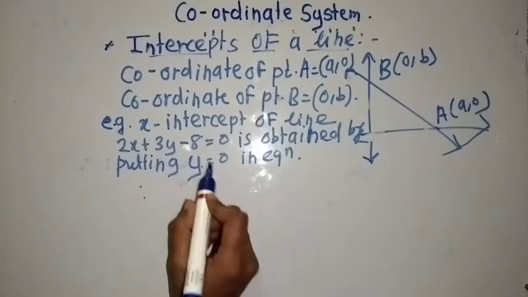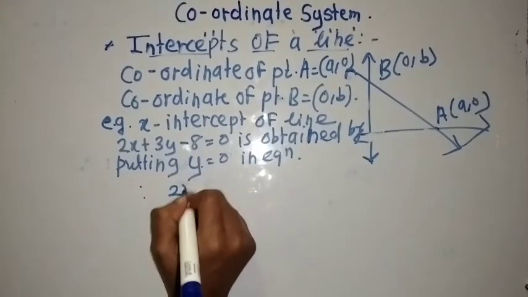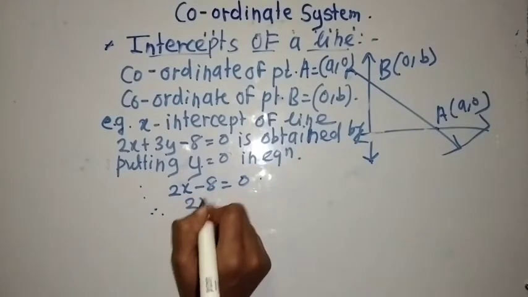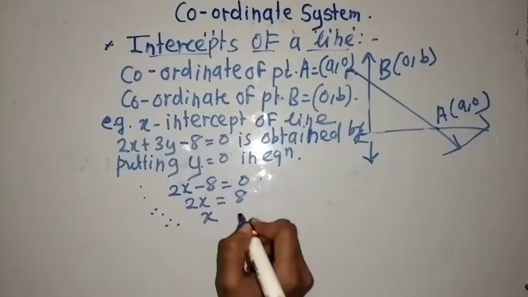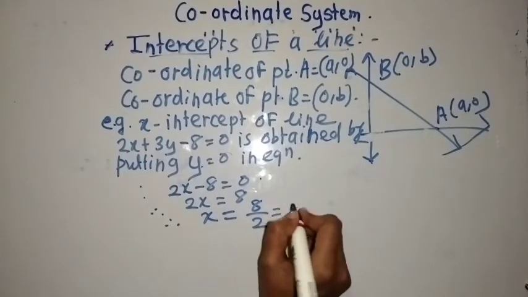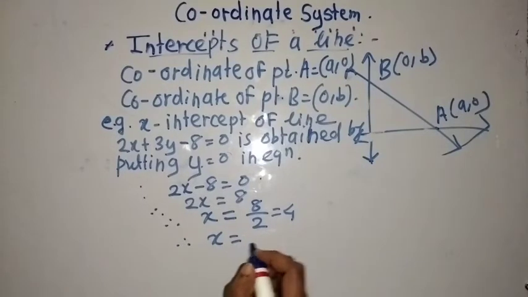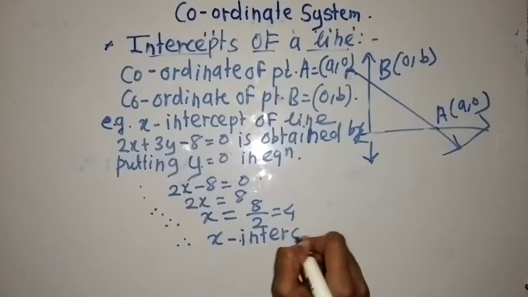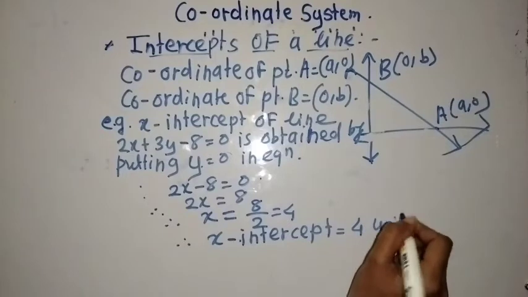So putting y is equal to 0, we get 2x minus 8 is equal to 0. Hence 2x is equal to 8, so x is equal to 8 upon 2 is equal to 4. The x-intercept is equal to 4 units.